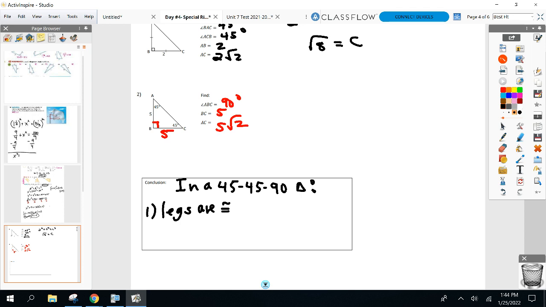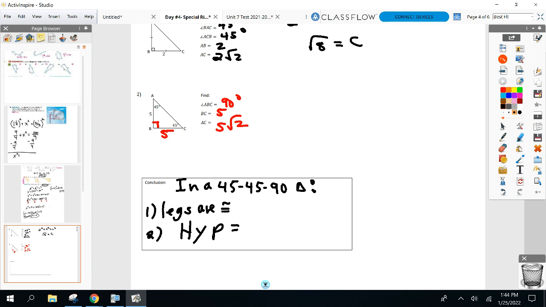Now, I don't want to have to do Pythag every time. I just want to come up with a rule for the hypotenuse. So can we say the following? The hypotenuse is equal to, anybody want to give me a little formula so I don't have to do Pythag every time? How can I find the hypotenuse pretty quick every time?